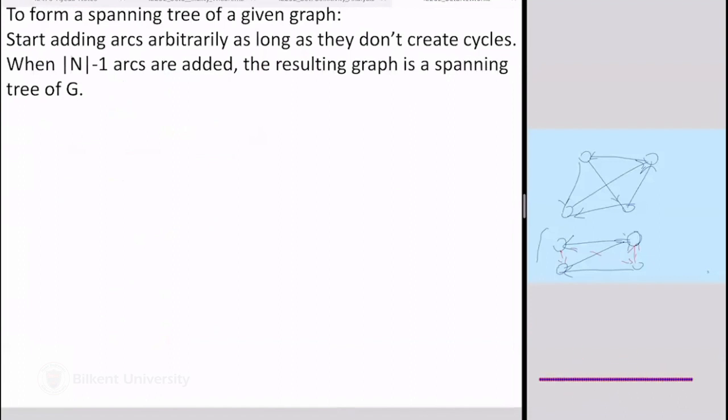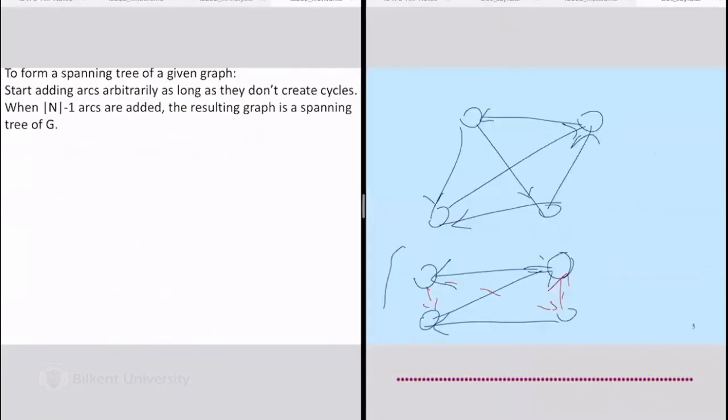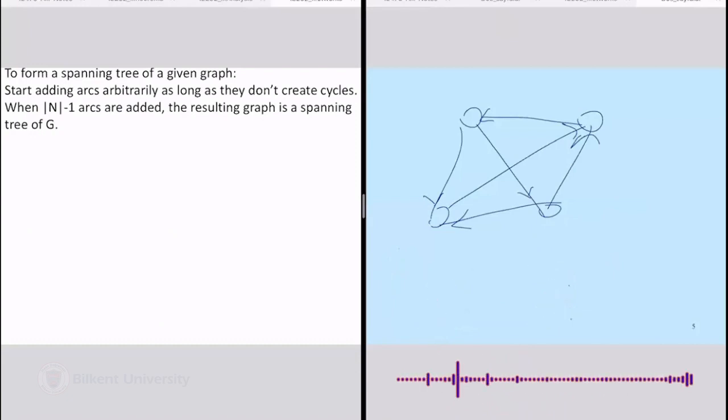The idea is, all right, you just start adding arcs, one at a time, as long as they don't create cycles. Let's do that in my fictitious graph here. Let me delete the thingy here. So this ugly thing on 4 nodes is my graph.